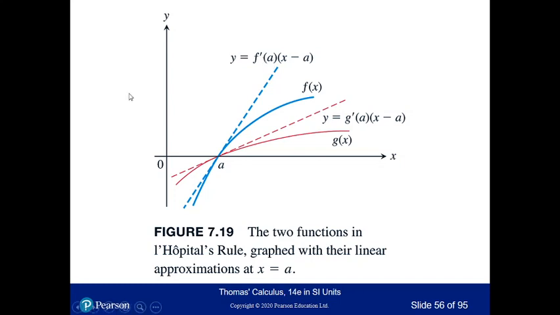So actually, since they are linear approximations, and since we are taking the limit as x approaches a, f of x over g of x is going to behave as the ratio of their linear approximations. That's why we take the ratio of the two, and the x minus a's are going to disappear. So we have the limit of f prime x over g prime x as x goes to a. So this graph makes good sense of why we have L'Hopital's rule.